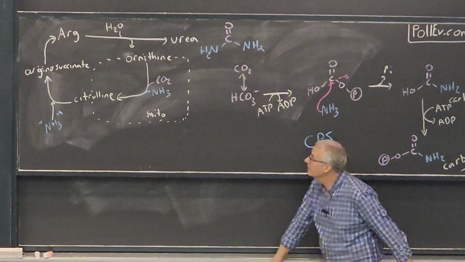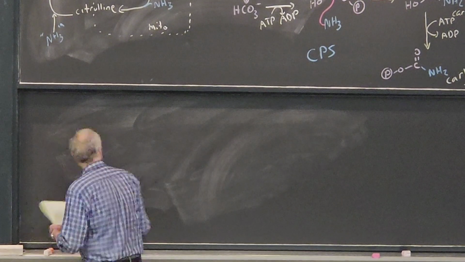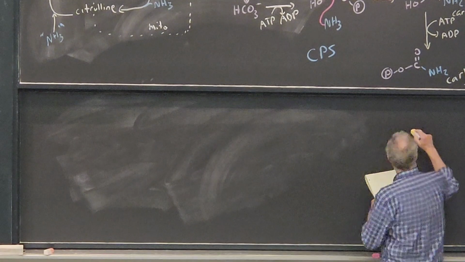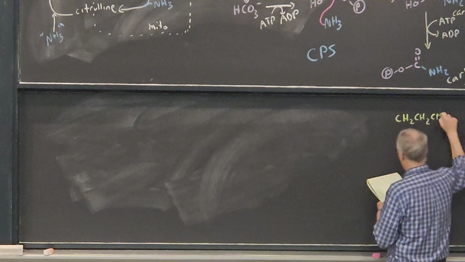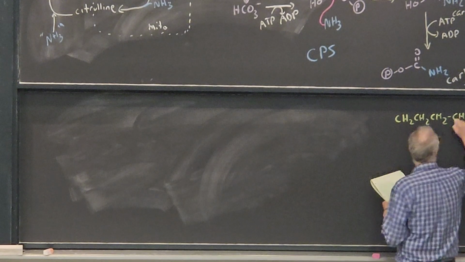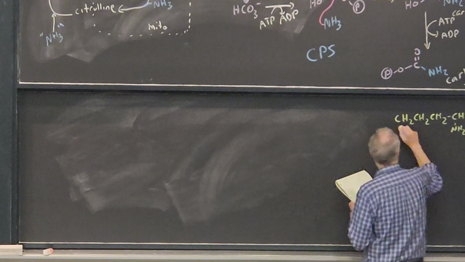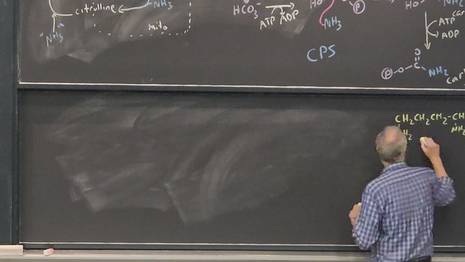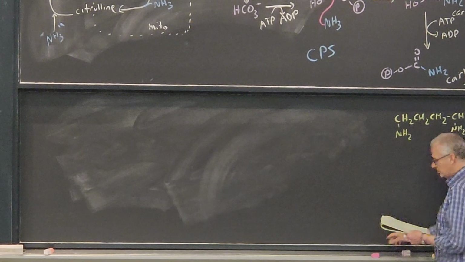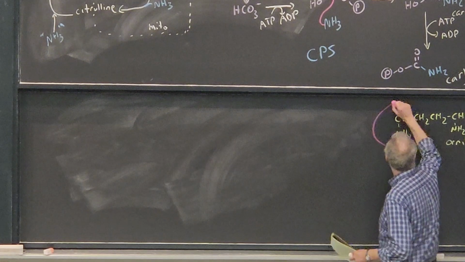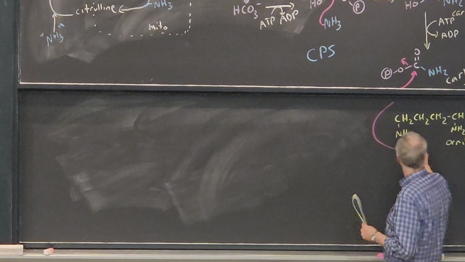And then that carbamoyl phosphate will react with ornithine. Okay, so this here is ornithine. Lose the phosphate.